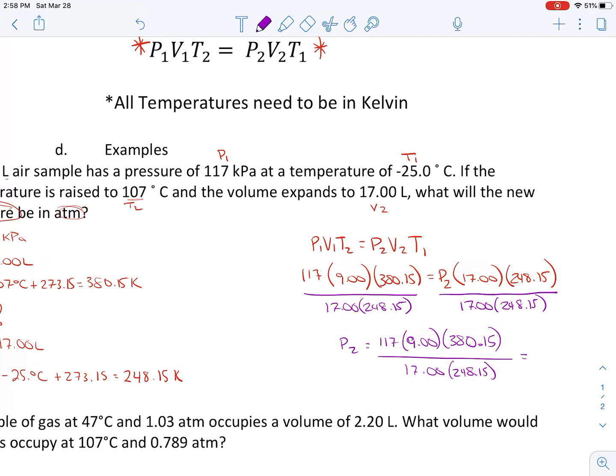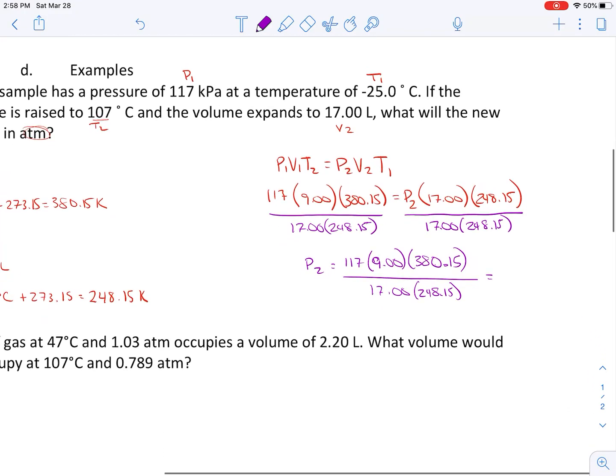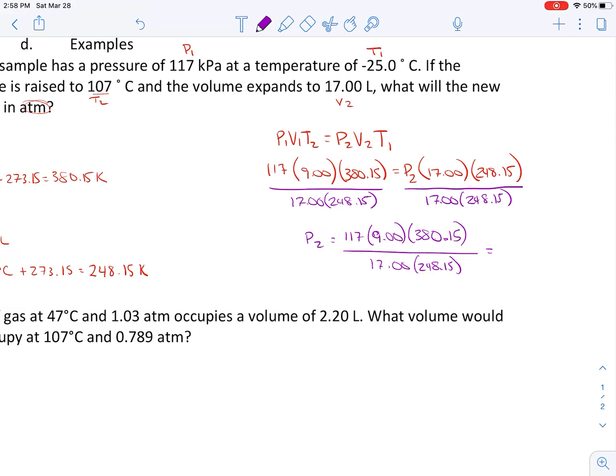So we've got 117 times 9 times 380.15. We're going to divide that by 17, and we're going to divide it by 248.15. So the number we get right there is 94.8899.